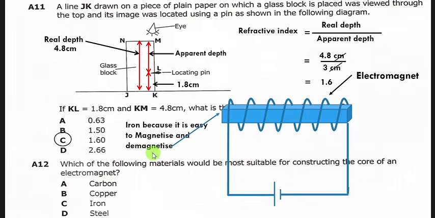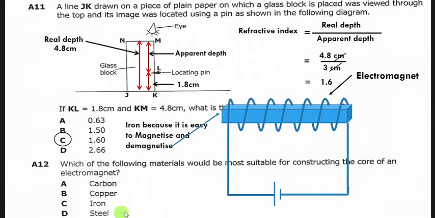Yeah, this is a nice theory, guys. When we are making magnets, we have two types of magnets: temporary magnets and permanent magnets. Hard magnetic materials like steel cannot be used to make an electromagnet, because once steel is placed here and current flows, it will become a permanent magnet.